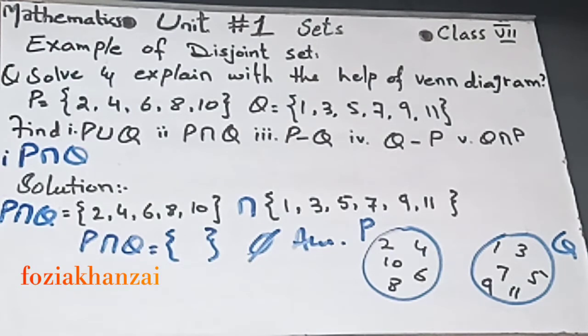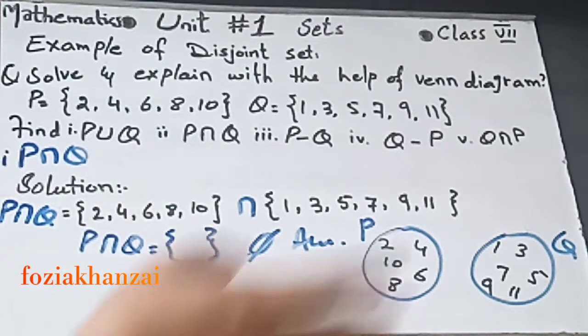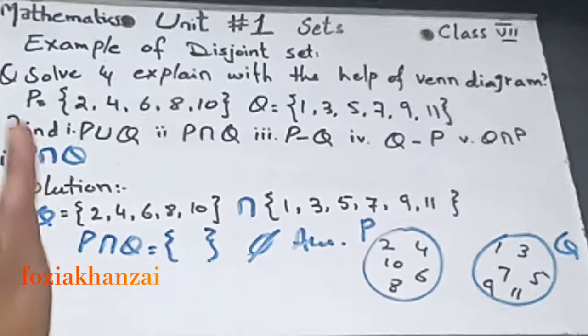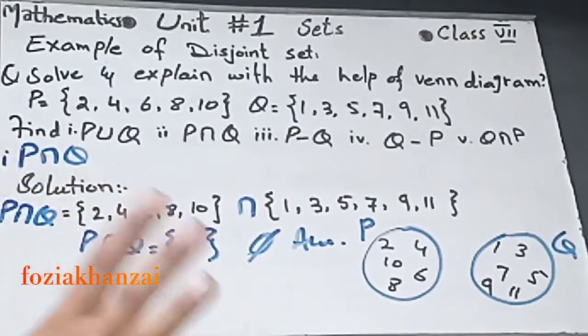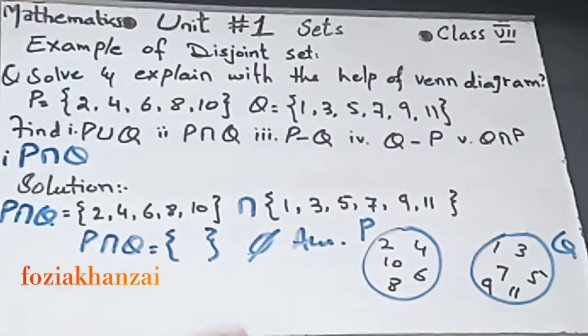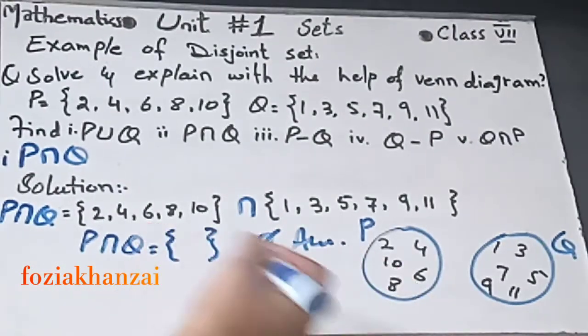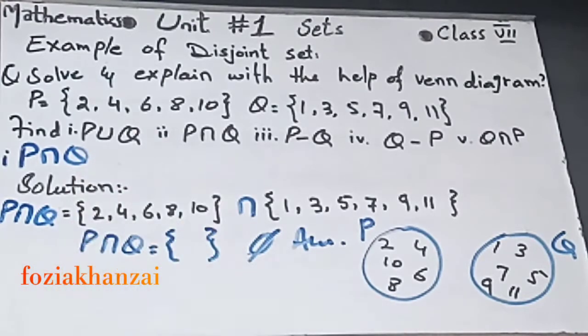But no need to color it, no need to draw a vertical or horizontal line. Why? Because the answer is null set. That's why no need to shade color, vertical line or horizontal line. So null set is the answer of the second part.